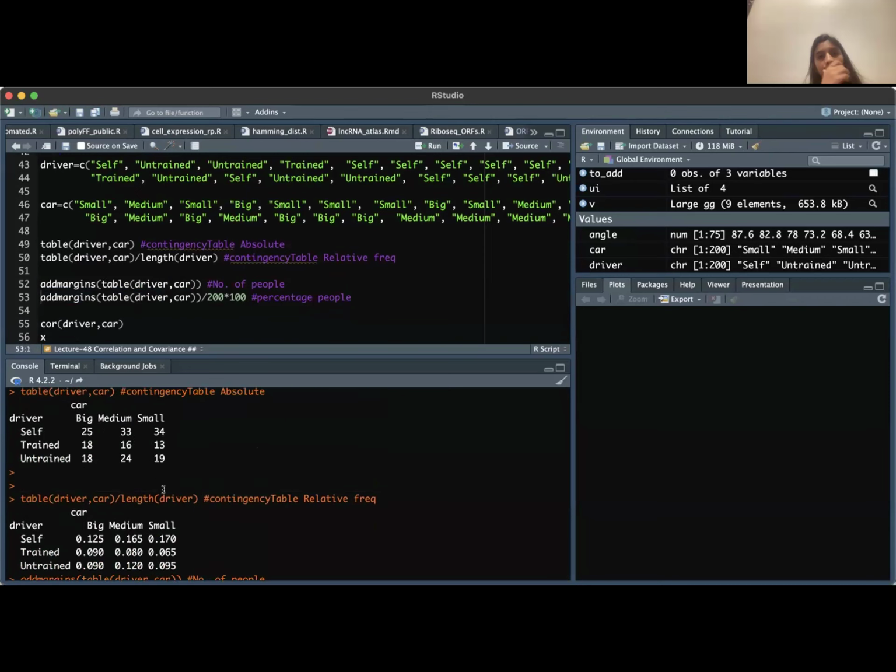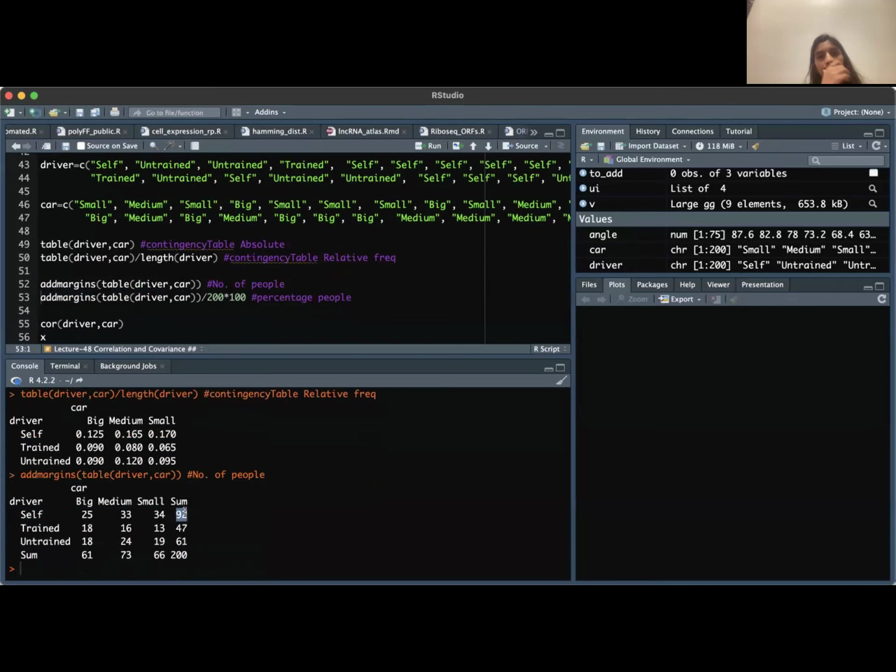It's basically the sum. So 25 plus 33 plus 34, 92. So it sums up each row, and here it sums up each column. And this sum is 200. This sum will also be 200.